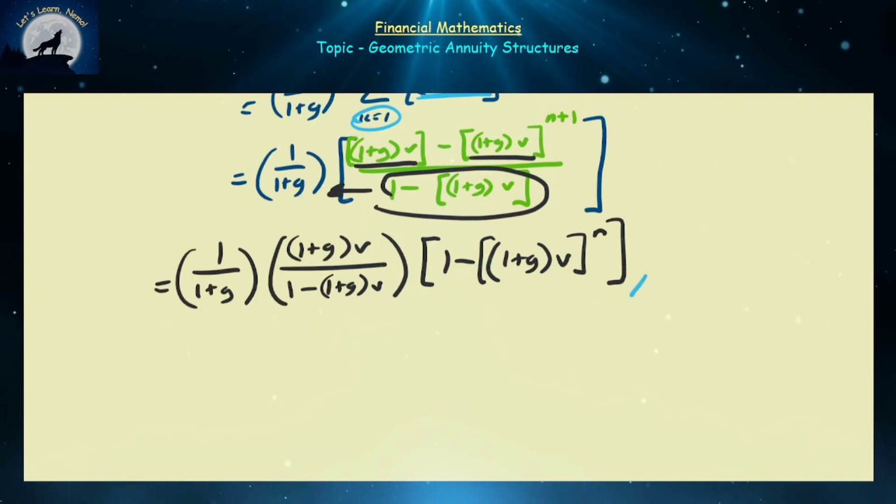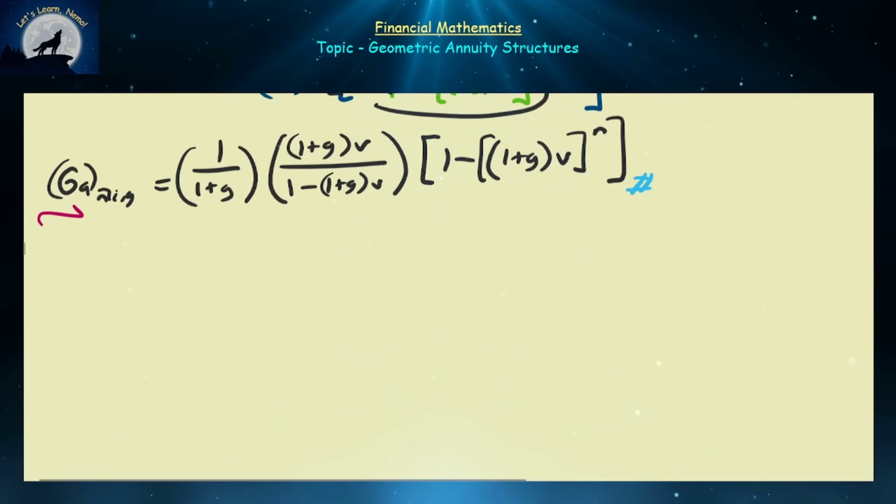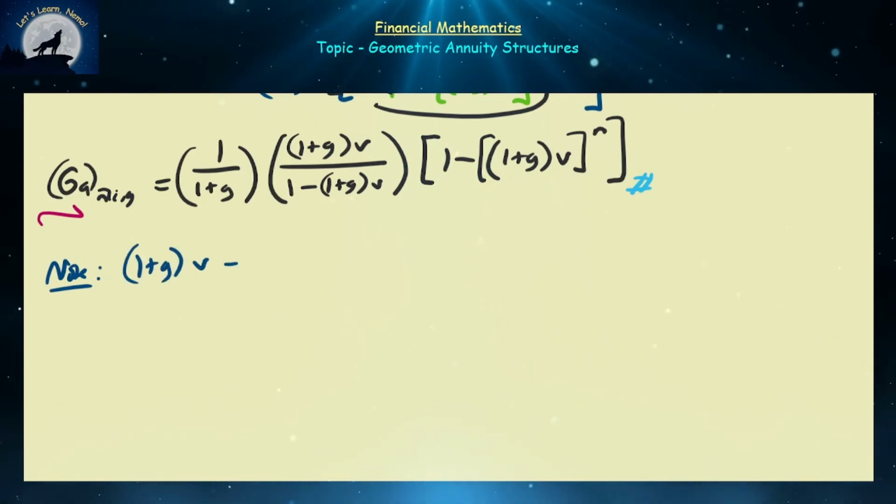And I'm going to leave this here, and I'm just going to introduce a couple notations here. So again, this is GA, n, i, g, and we'll clean this up momentarily. So this 1 plus g nu, you obviously see it everywhere, so maybe there's just something special about it. If we look at 1 plus g nu, nu is just 1 over alpha, so that's just 1 plus g times 1 over alpha.